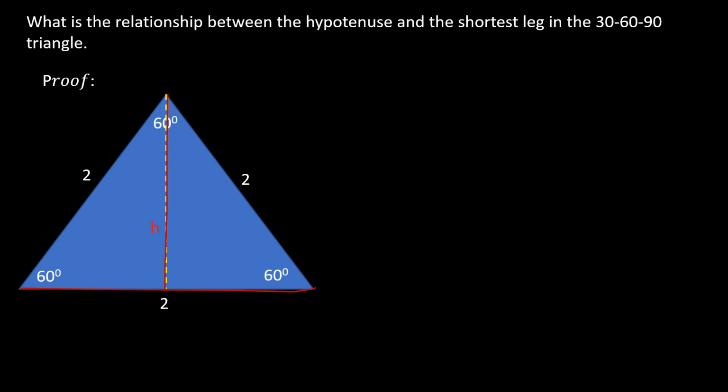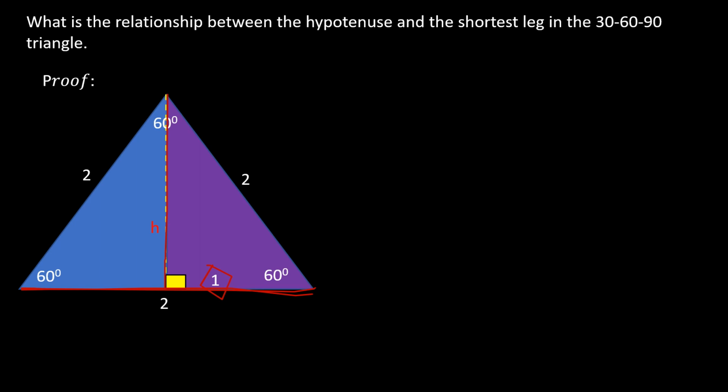Let us assume also that the altitude is labeled with h, which stands for height. So the base, or the side where our altitude is being dropped, is divided into two. So each part is 1 and the other part is also 1.